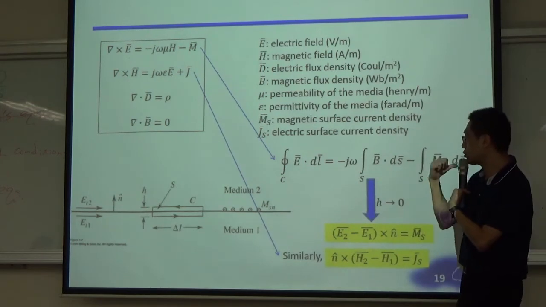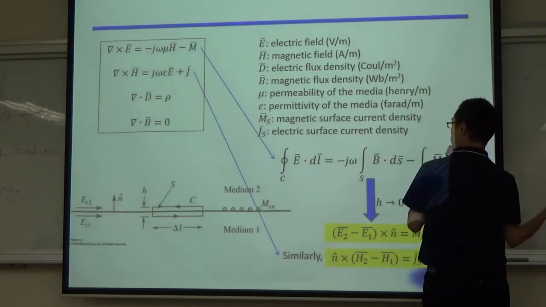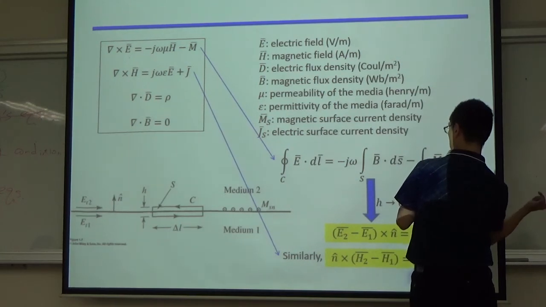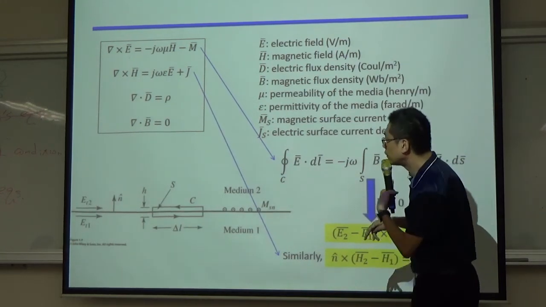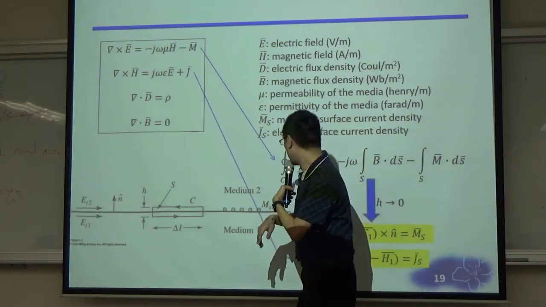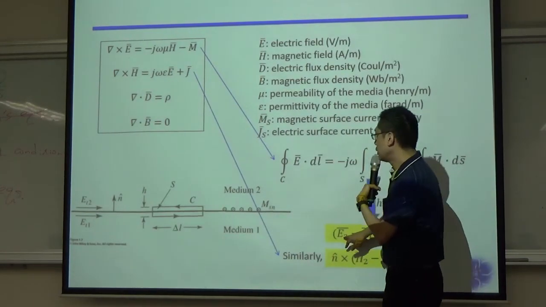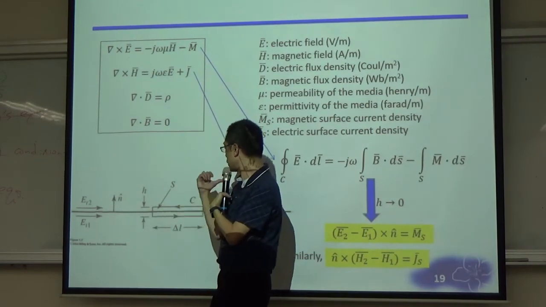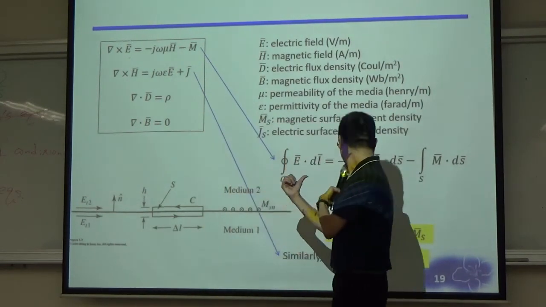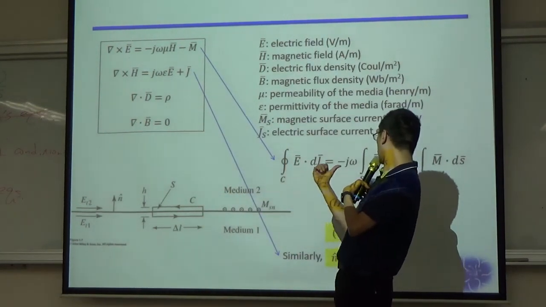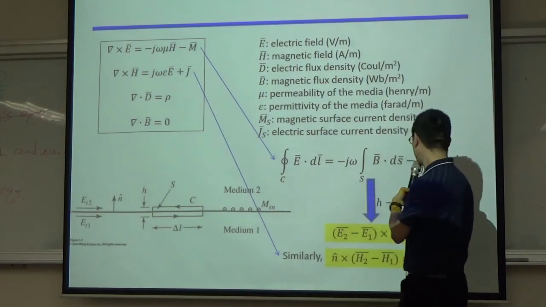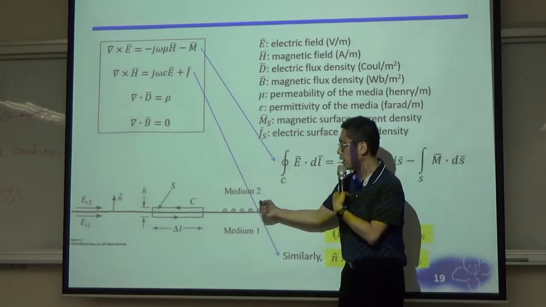And if the direction is this way, close to H. Let's try again. If you define your E going in this direction, and close to N, you will have the N. The result of N is outside the paper.